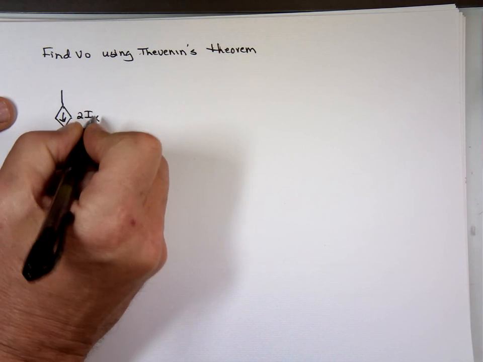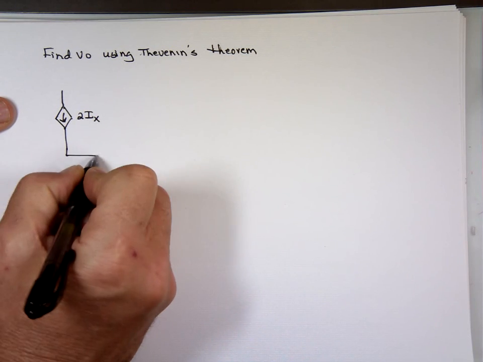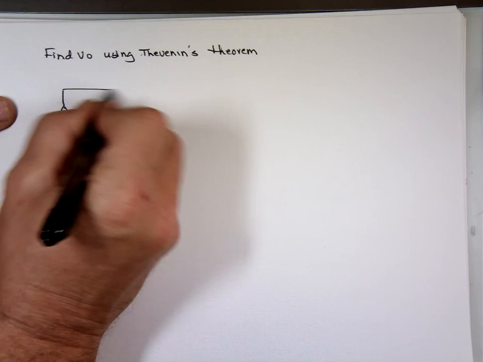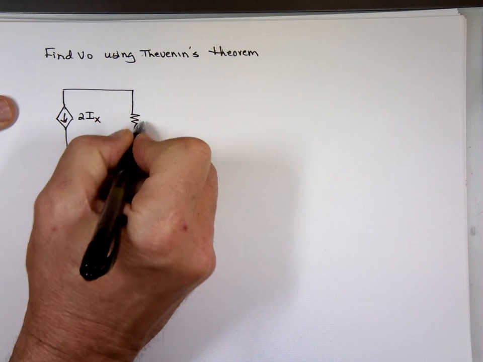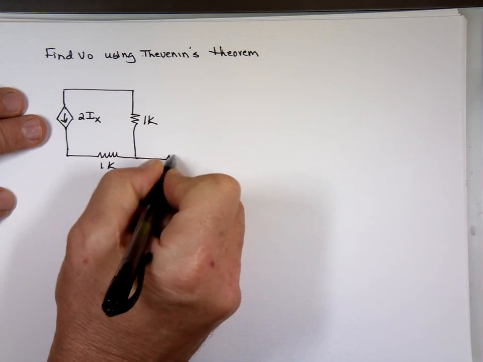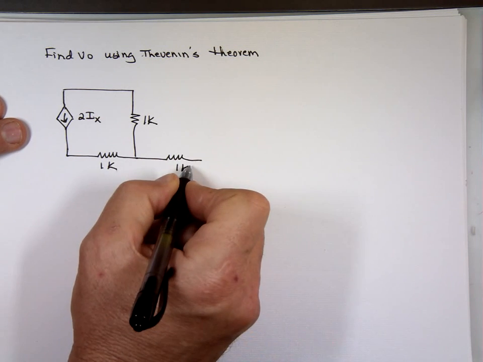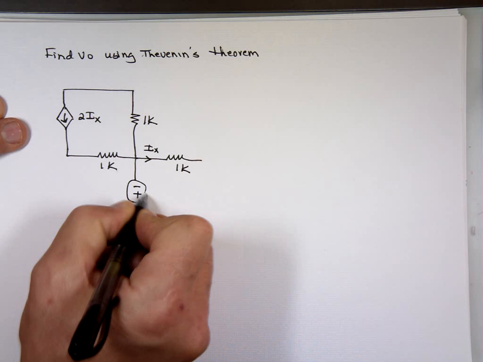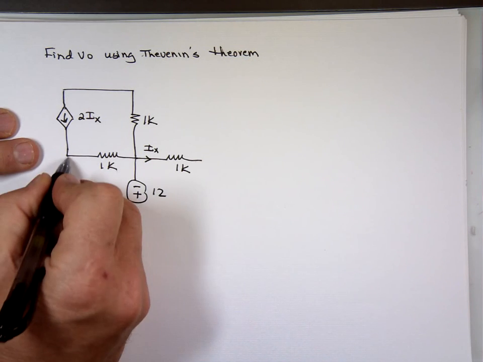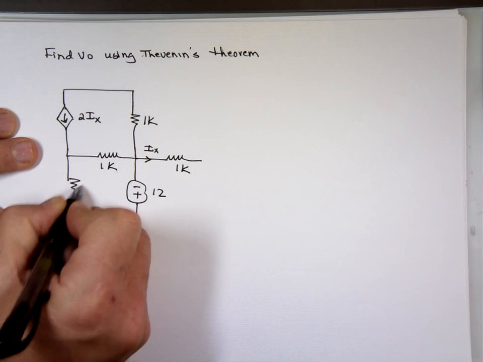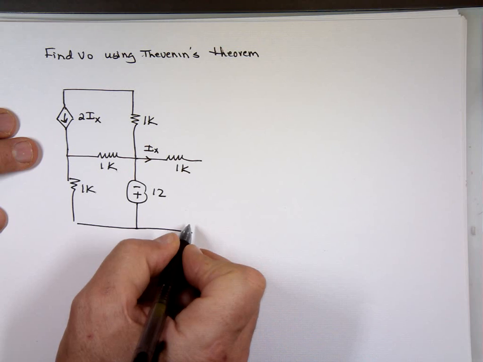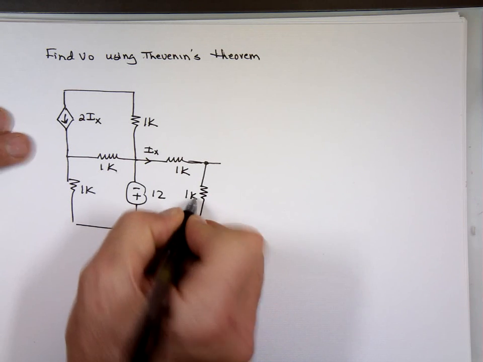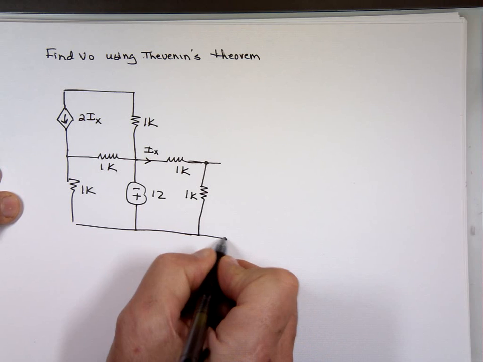2I sub x, 1 kilo ohm, 1K, I sub x is right here. $12, 1K, and V out is right here.